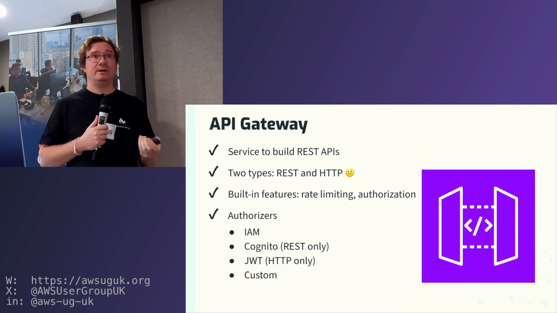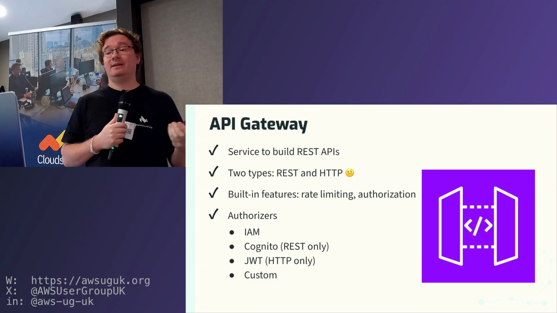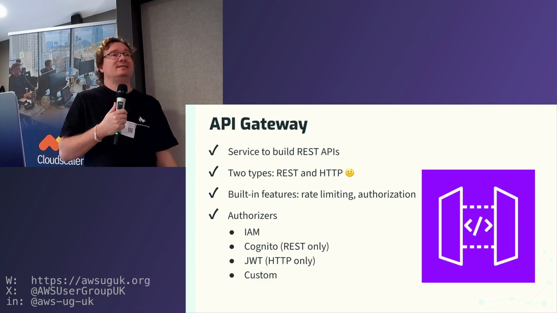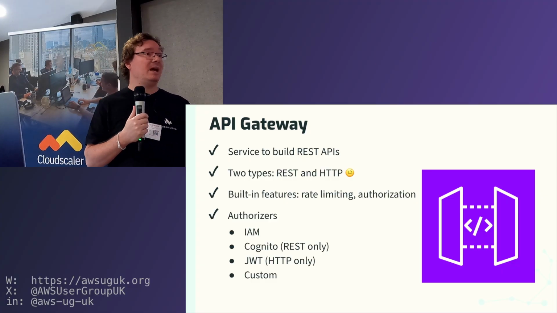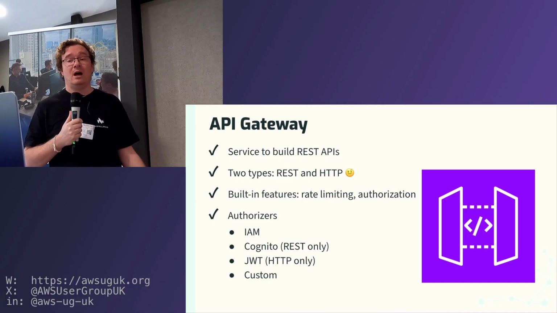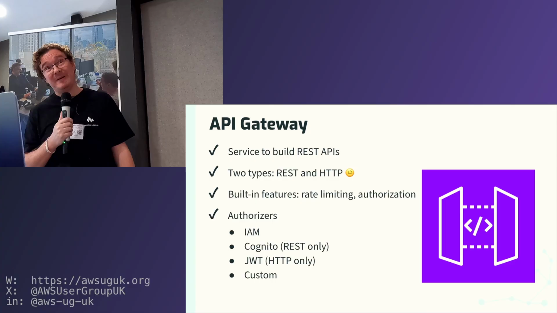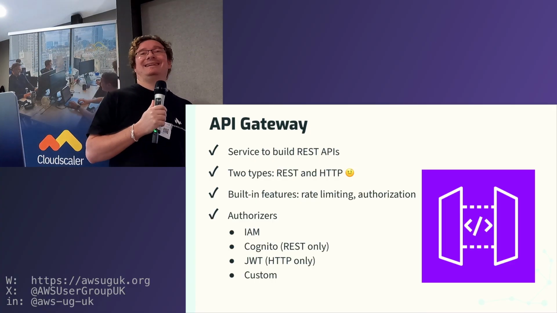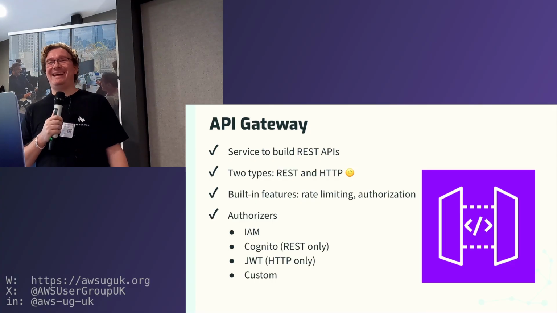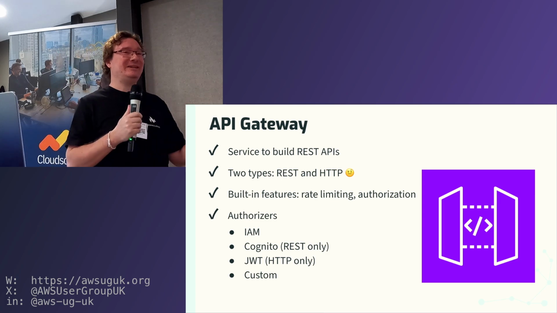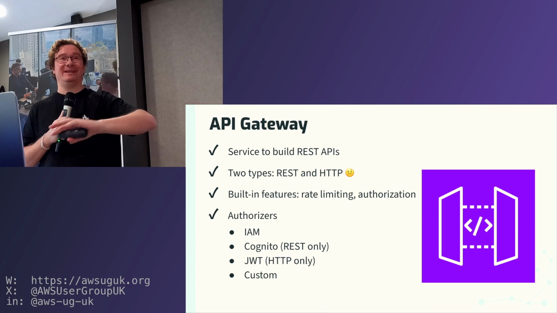The first service we're going to look at is API Gateway. That's the service we use for building APIs in AWS. It comes in two different flavors, REST and HTTP. And I can see some smiles there, and let's not have a discussion here, otherwise it's going to take longer than the entire World Cup.